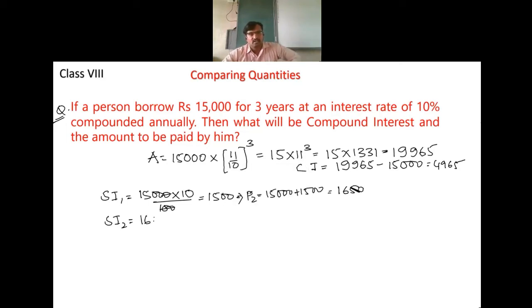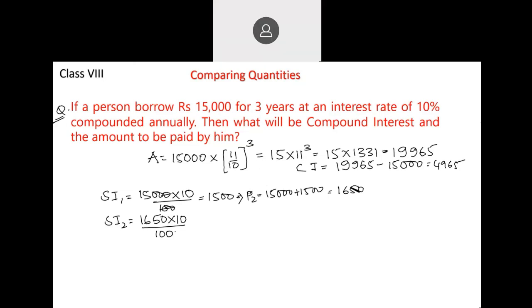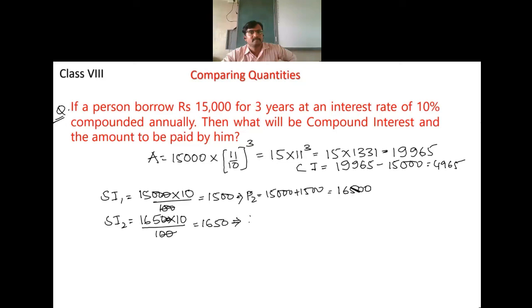16,500 into 10 upon 100. It will be 1650.